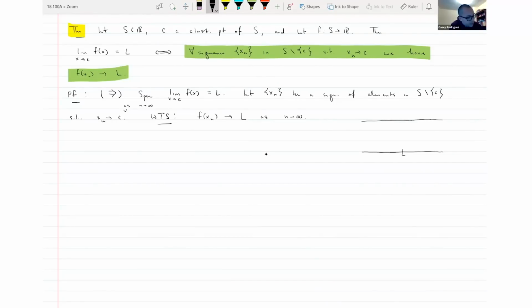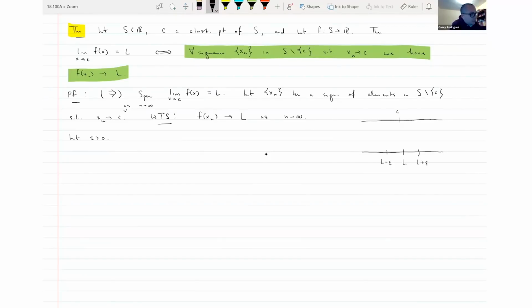Here we have the number L, here's the number c, and L plus or minus epsilon. Let epsilon be positive. We want to find a natural number capital M so that n bigger than or equal to capital M implies f of x_n is inside this interval here.